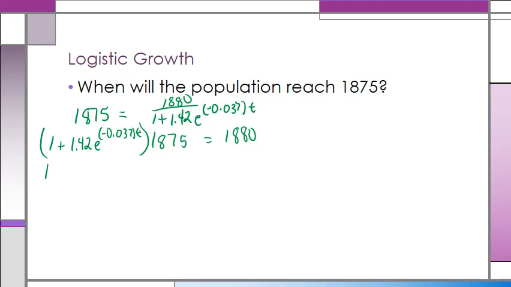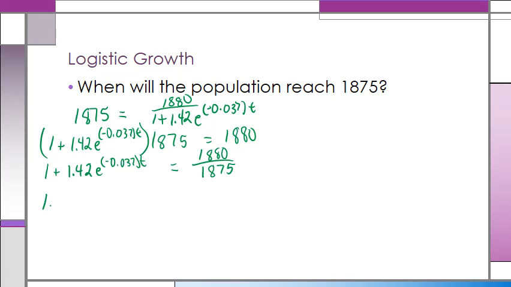Now we're trying to solve for t, so let's divide both sides by 1875. That would leave us with 1 plus 1.42 natural base raised to the power of negative 0.037t equals 1880 over 1875. Well, we got 1 plus, so let's subtract 1 from both sides.